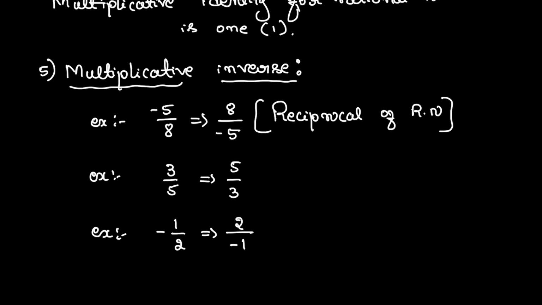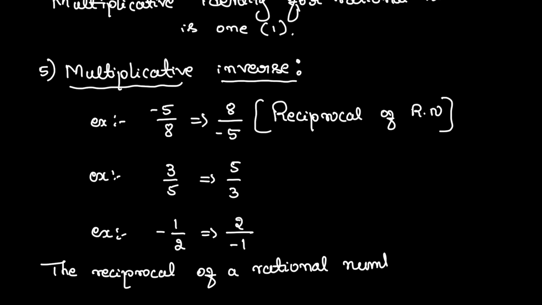The reciprocal of a rational number is called its multiplicative inverse.